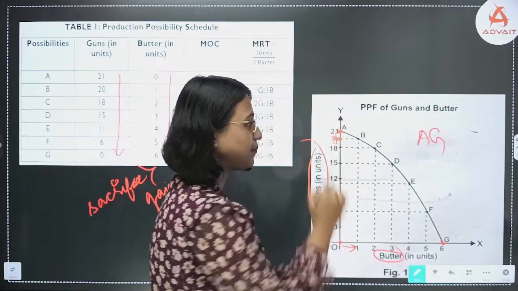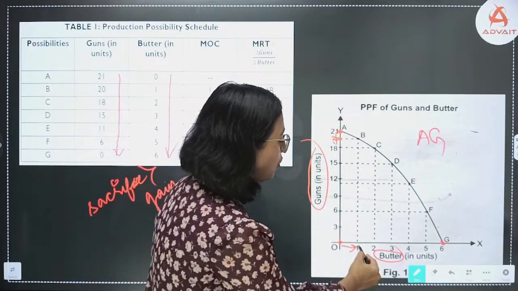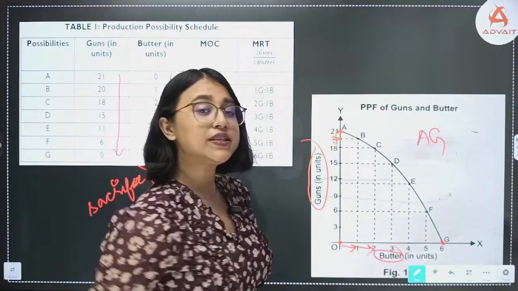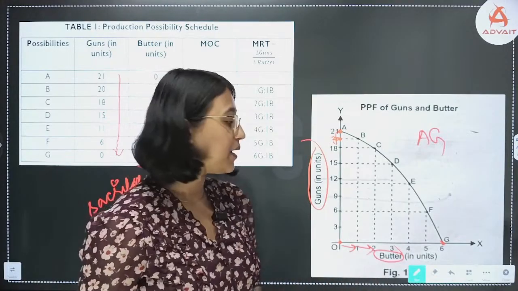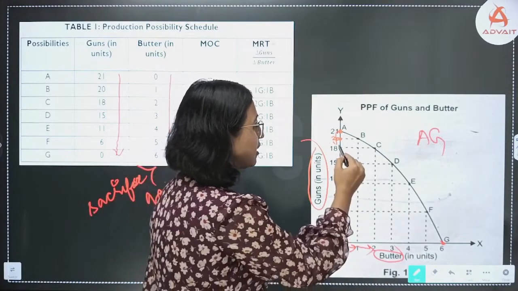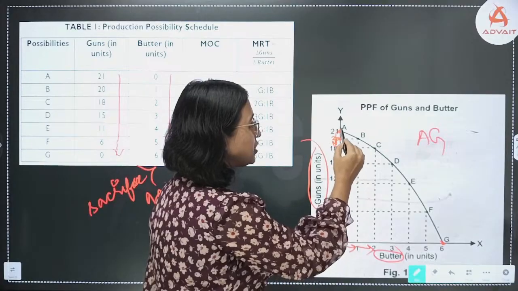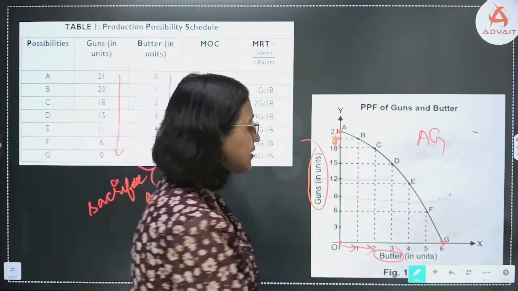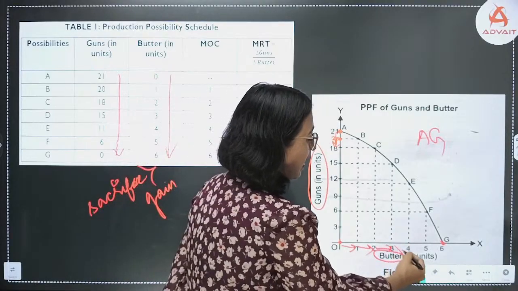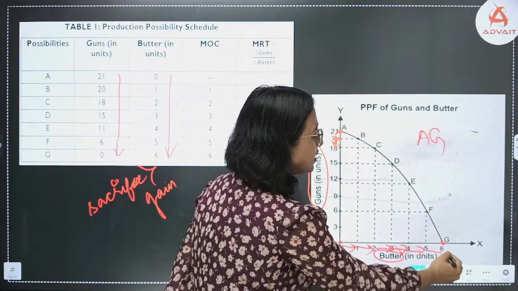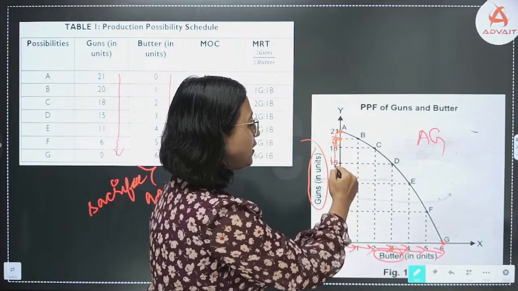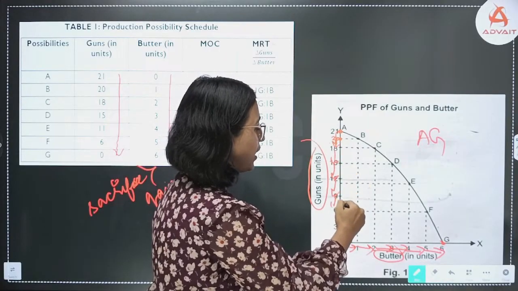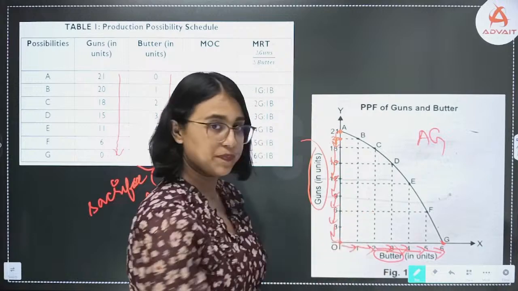Etu point oloi. Next, আমি আকৌ we are increasing the production of butter by another unit, and as a result, we are reducing the production of guns from 20 to 18. And as and when after that we are increasing the production of butter, we are reducing the production of guns, right?